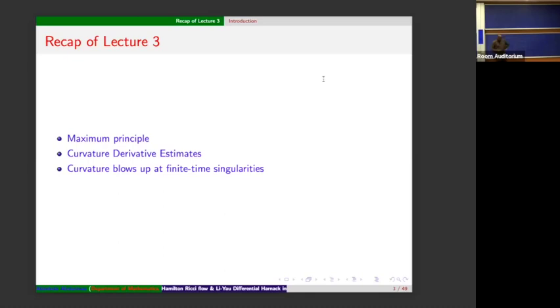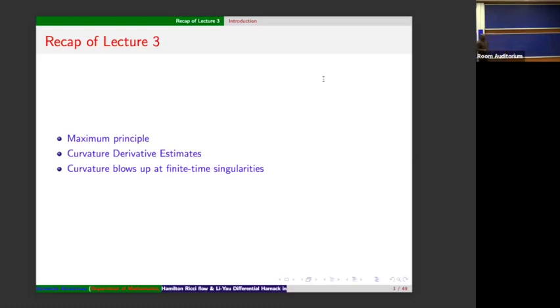In the last lecture, we talked about the maximum principle for scalar functions. Then we saw the weak maximum principle, which we can apply to nonlinear reaction diffusion equations. Then we saw Hamilton's matrix maximum principle.